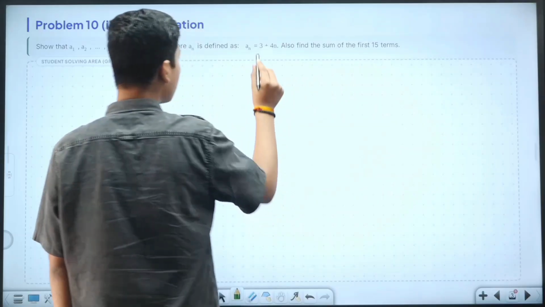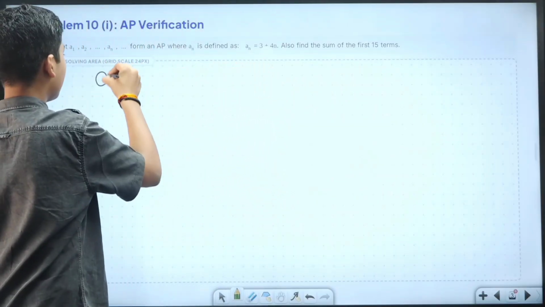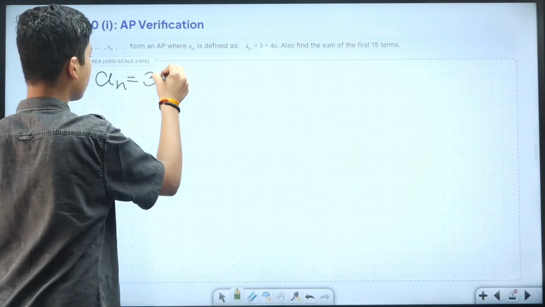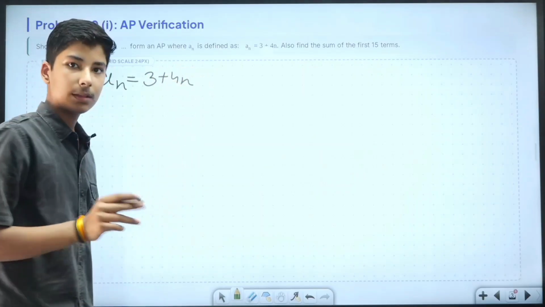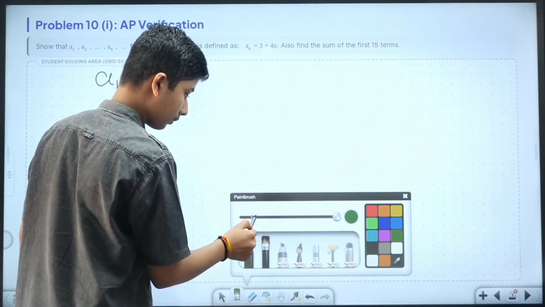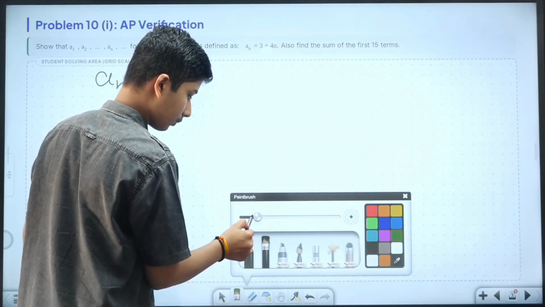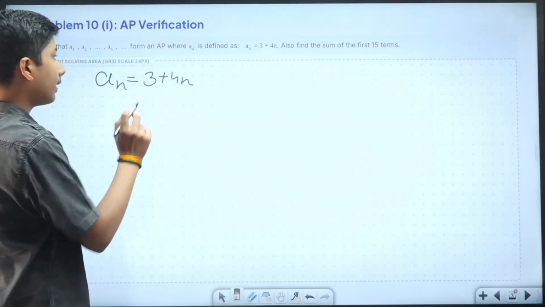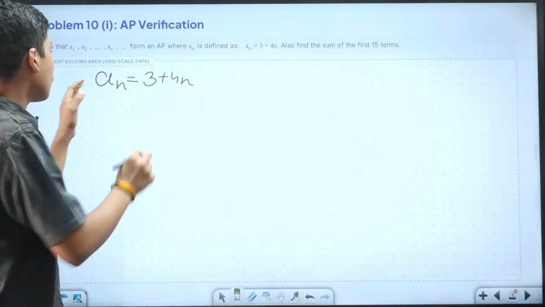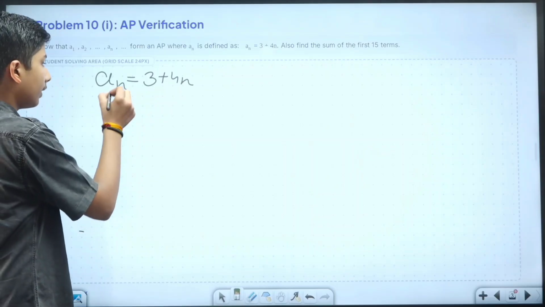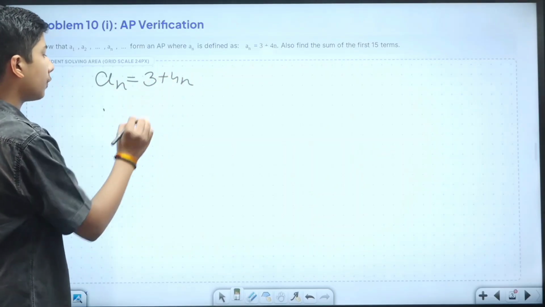Okay, so firstly here AN equal to 3 plus 4n. This is given to us. And now to find the first term, it will be A1 and here we will put 1.